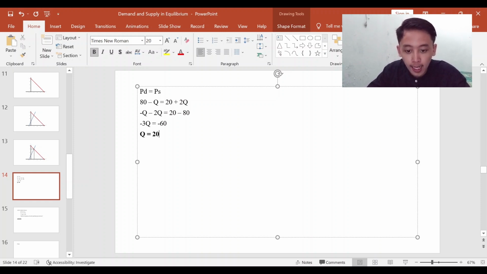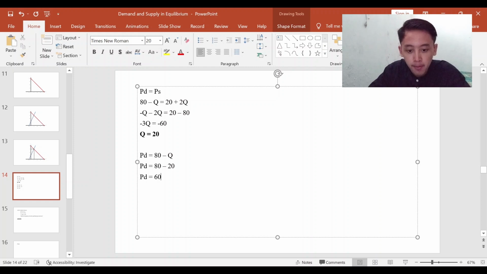The price demanded at a quantity of 20 is P equals 80 minus 20, yes, 80 minus 20, which as predicted equals 60.